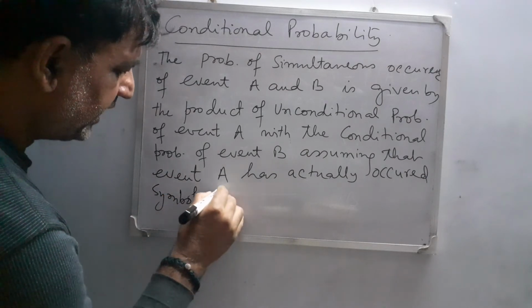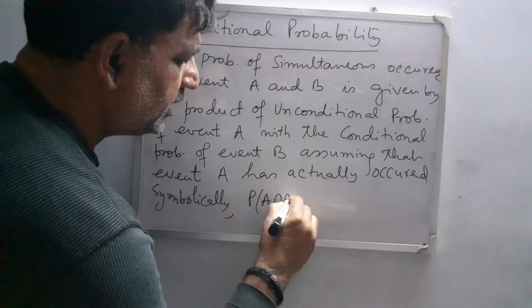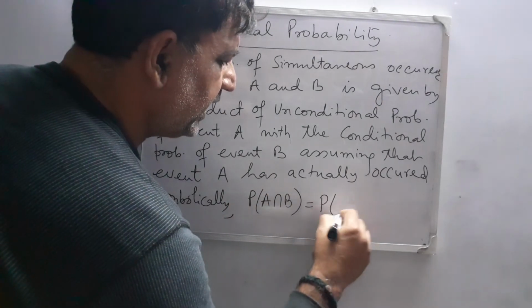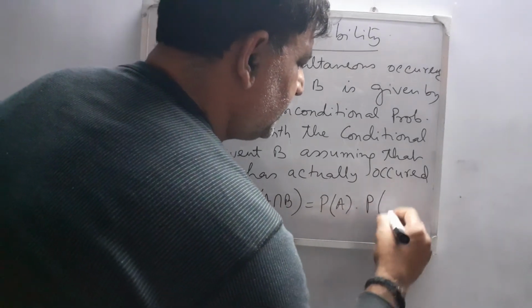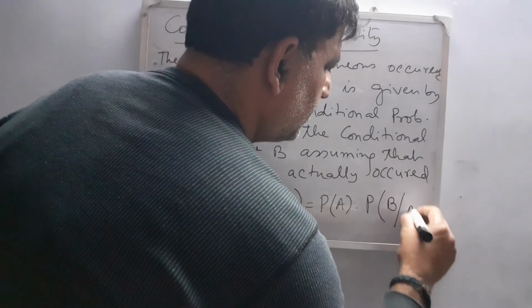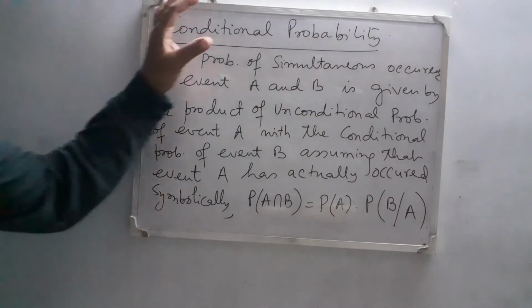Symbolically, we can write P A intersection B is equal to PA into P B slash A. This is the definition of conditional probability.